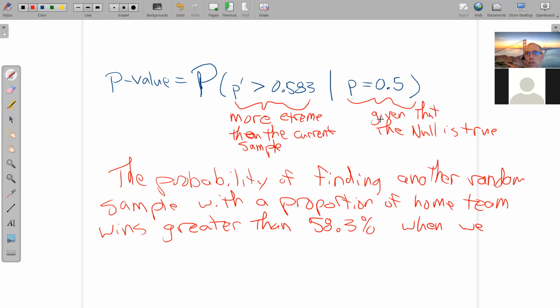And what does the null mean? 50%. When we were expecting a proportion of 50%.